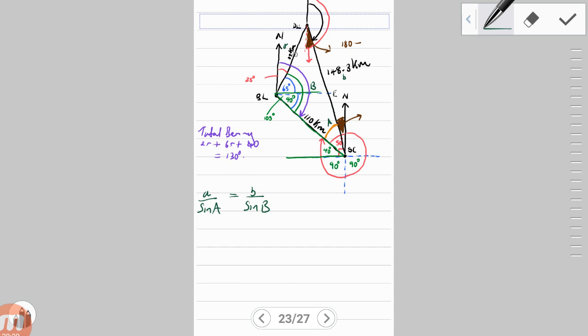So we have already established that a is 75 kilometers divided by the sine of the angle we're looking for, sine A, and that's equal to b, which is 148.3, divided by the sine of the angle facing 148.3, which is 105 degrees. So let's hop onto our calculators.